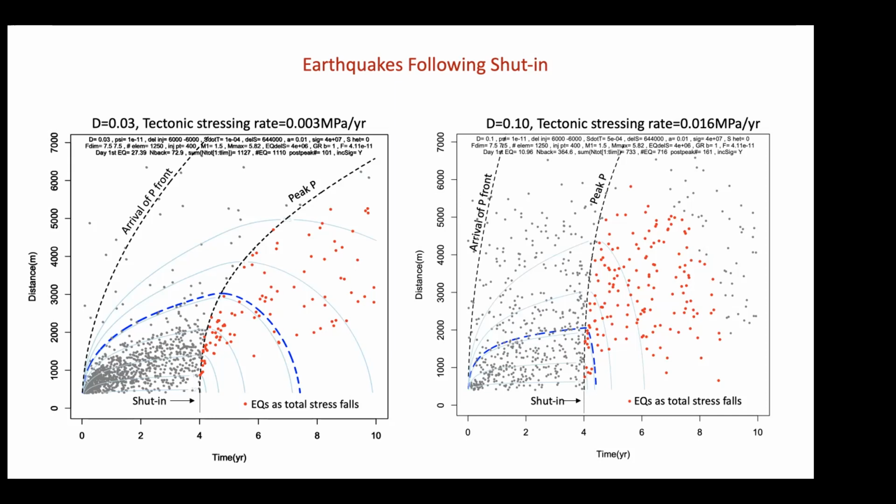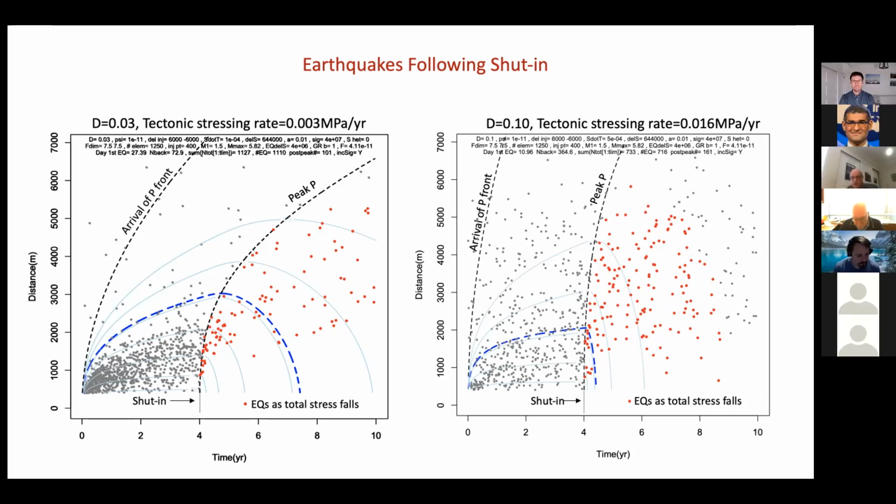You did present on one of the slides that the longer you're injecting, the longer it's going to take for the decay to occur. But I'm curious if there are any other factors that you've seen in your modeling that are important for how that decay occurs or how it changes. Yes. So the background effective normal stress will certainly affect those results.